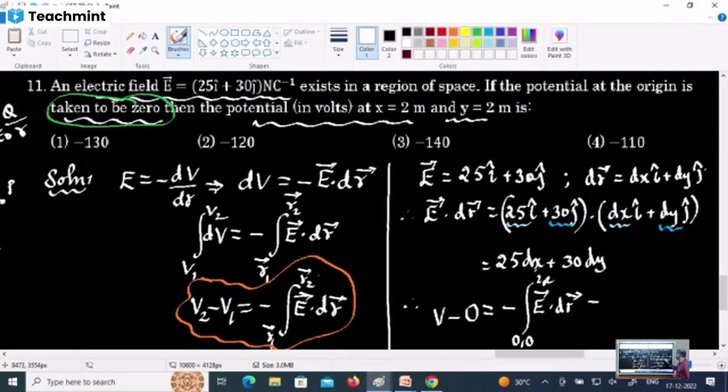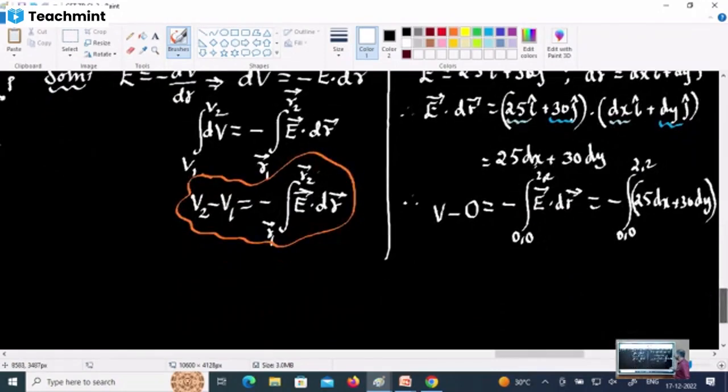So E dot dr is known here. Negative of E dot dr means 25 dx plus 30 dy between the limits 0, 0 to 2, 2. So we'll go one step ahead.